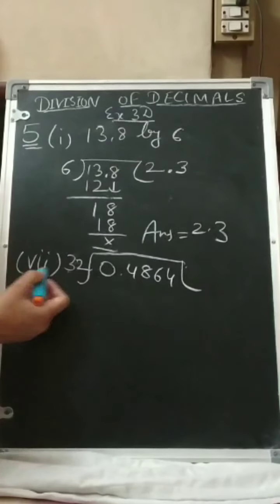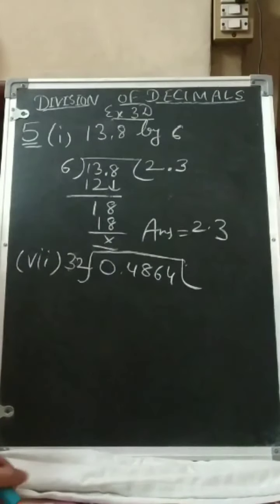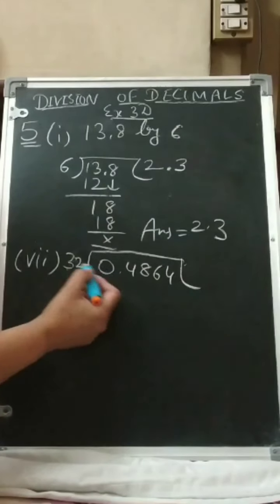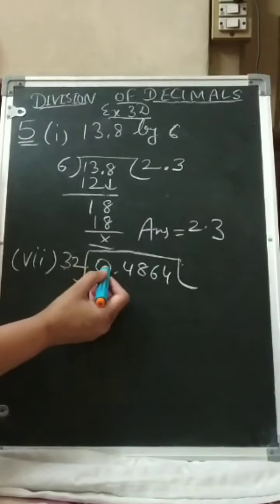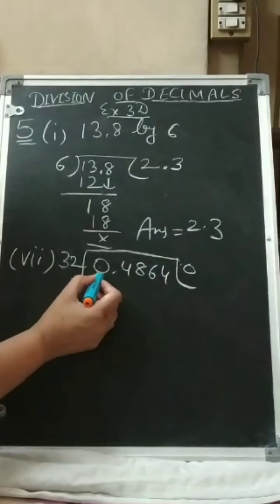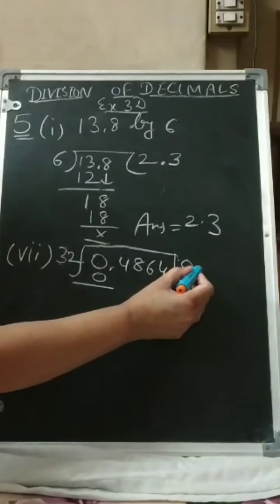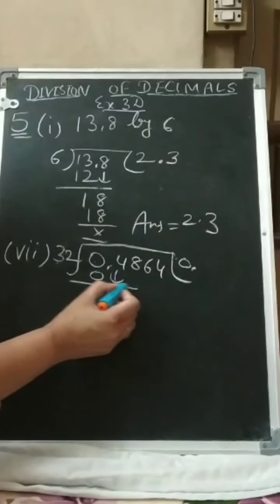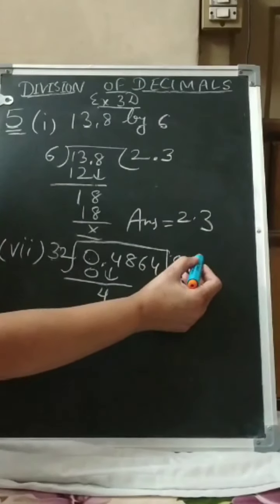Now seventh part, divide by 32. Let us start the long division. First of all, we will go with 0 only. Before the decimal, we will start division. So we can put 0 here. Afterwards, this point you have to put here. Then you will take this 4 down. Okay. Now you can see it is not going. So 1 0 will come here.